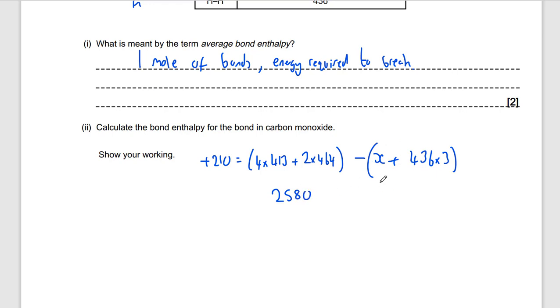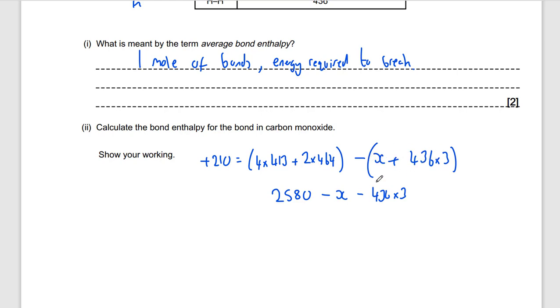So this is where I'm going to separate out the bracket. So 2580 minus x minus 436 times 3. I'm doing that because I want to separate x from the bracket, and it's a pain in the backside because I don't know what these numbers are. So I'm just going to subtract it.